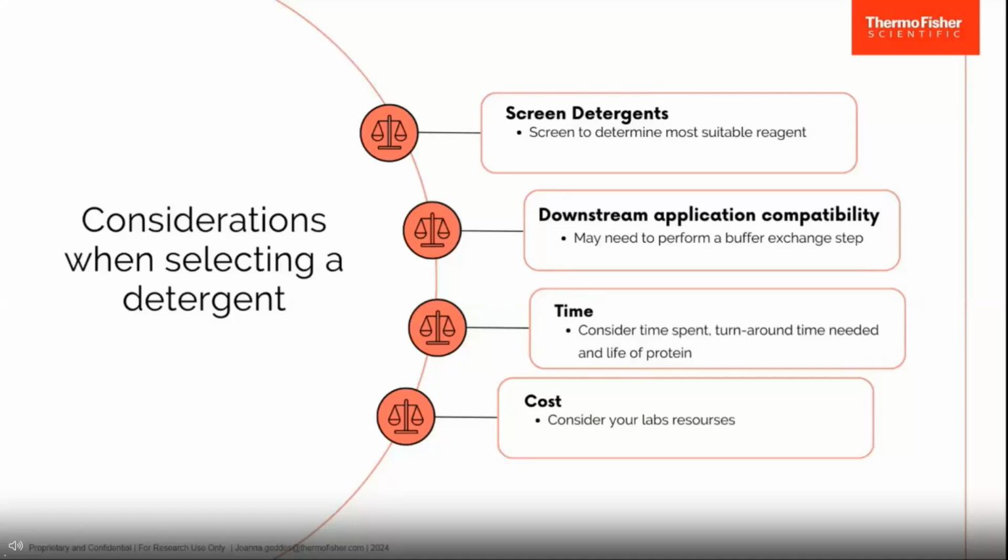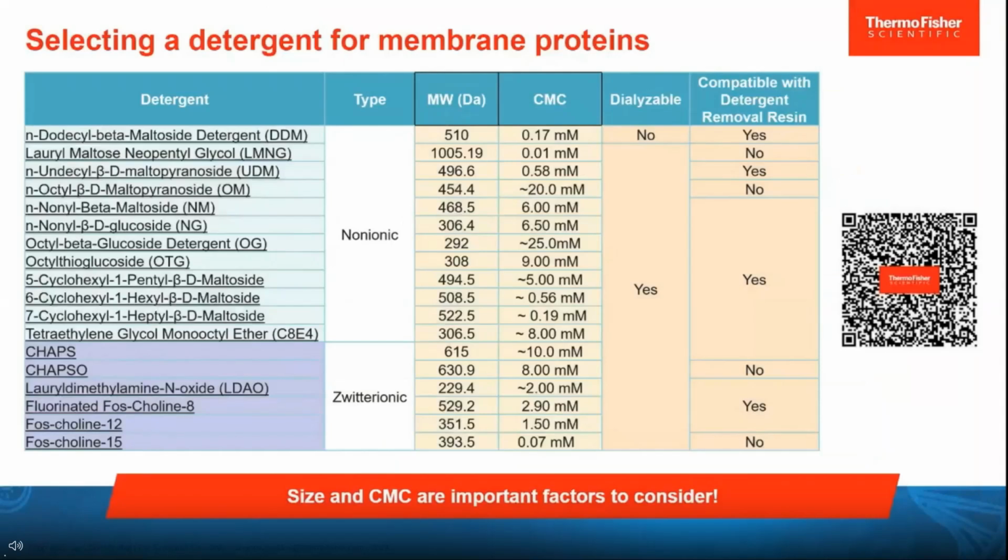Additionally, there's time and cost associated with the extraction process that you need to balance between efficiency and resourcing. We offer a variety of high quality and purity detergents specific for membrane proteins. This ensures that there are no background contaminants that may interfere with your downstream applications.